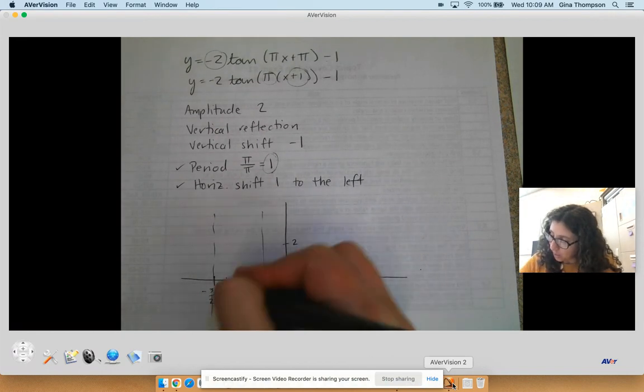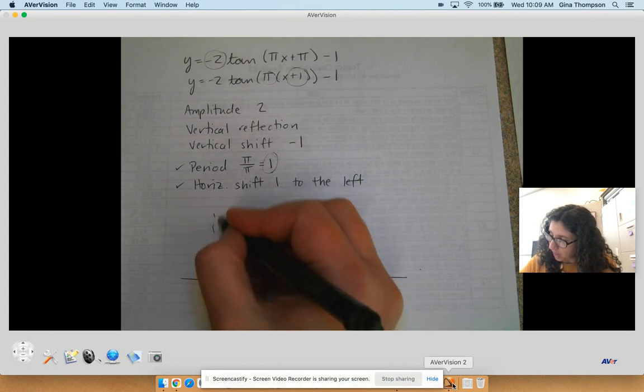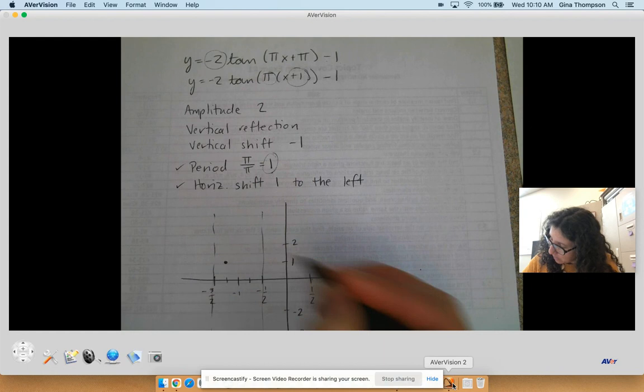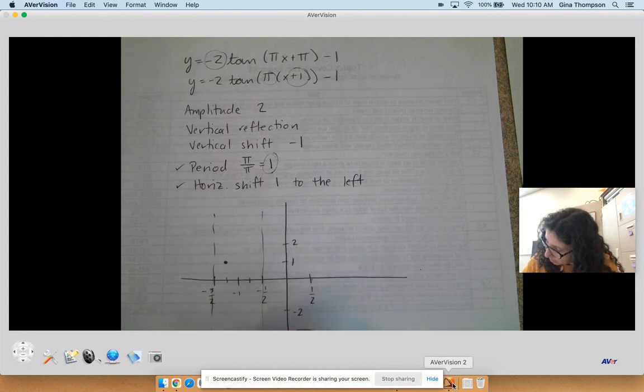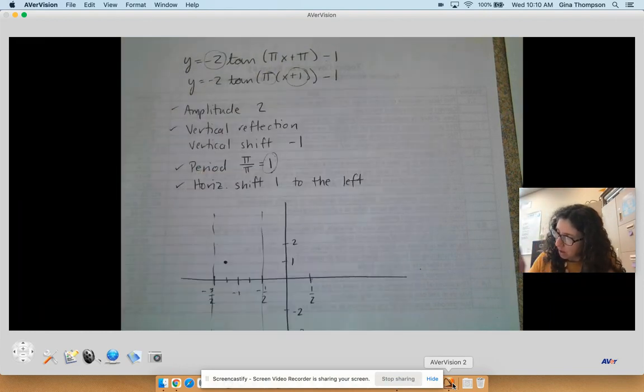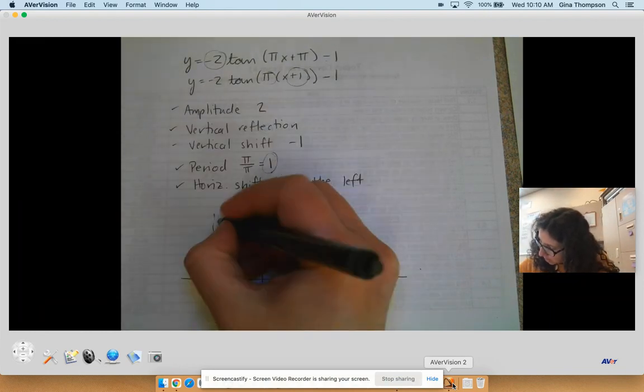So instead of going this way, it's going to go this way. So this one is going to be here at 1, and this one's going to be here at -3. All right, so we're taking into account our amplitude and our vertical reflection and our vertical shift.